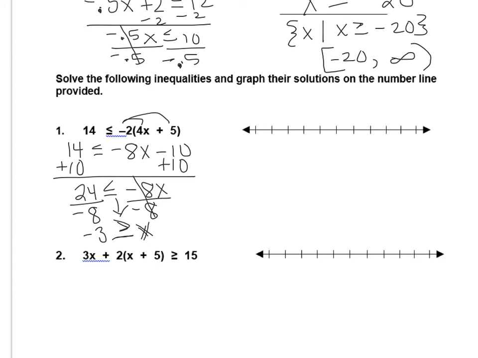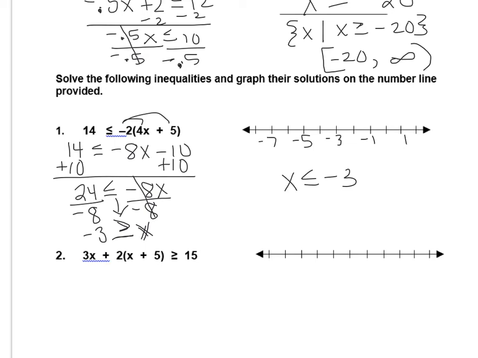So let's write the answer that way, starting with the variable. Negative 3 would go in the middle. Negative 2, negative 1, 0, 1. Going backwards, negative 3, negative 4, negative 5, negative 6, negative 7.